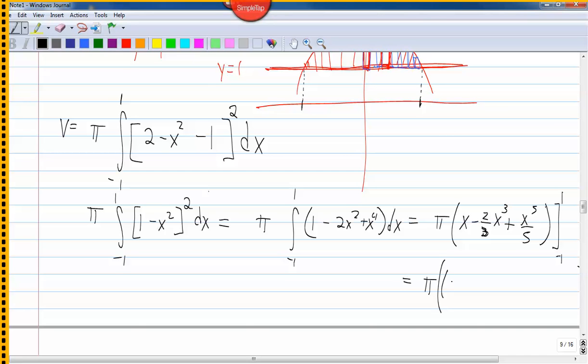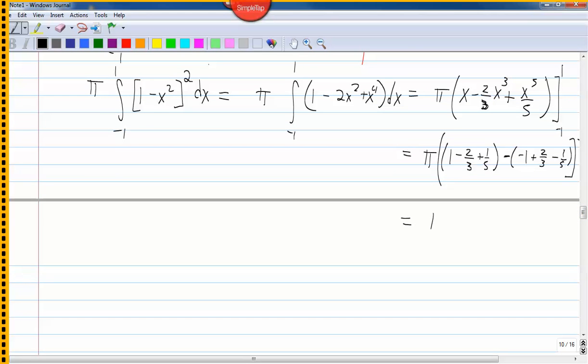We're going to have 1 minus 2/3 plus 1/5, minus, plug in a -1. We're going to have -1 plus 2/3 minus 1/5. Work all of that out, and you're going to get 16 pi over 15, or 16/15 pi.